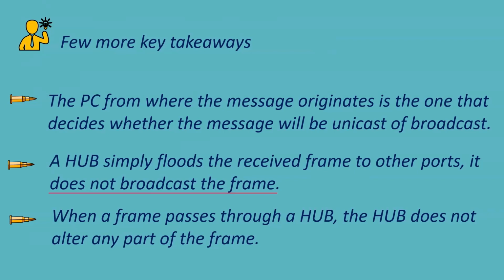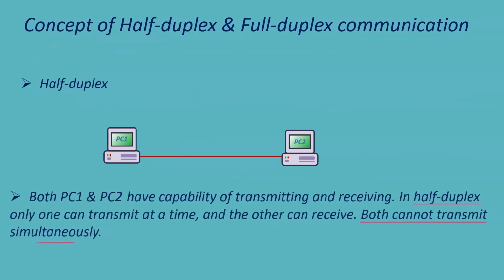Okay, let's move on to the concept of half duplex and full duplex communication. Half duplex. If we have two PCs, PC1 and PC2, both have the capability. PC1 is capable of sending and receiving at the same time, and so is PC2.